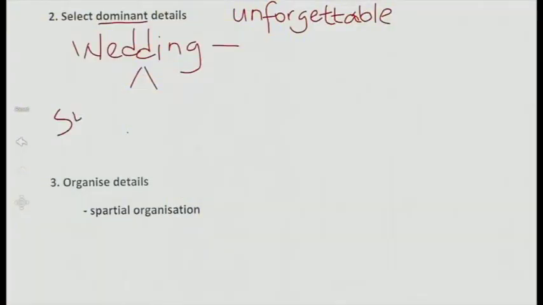So selection of the dominant details is very, very vital or important. When you select the dominant details, you need to be careful and be sure that you are able to support whatever claim that you have. When you say this is an unforgettable wedding, make sure you are able to support that, and then your description echoes or reflects that the wedding was really unforgettable for you.